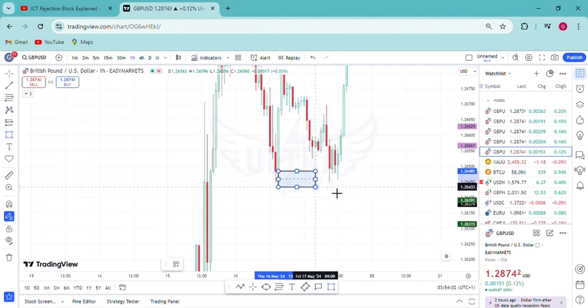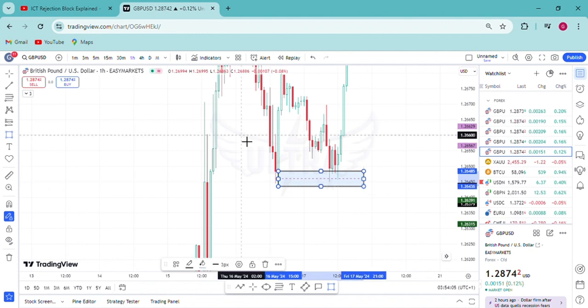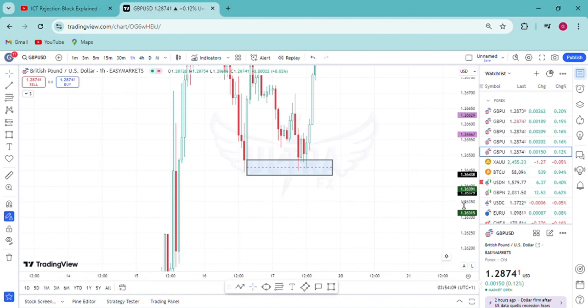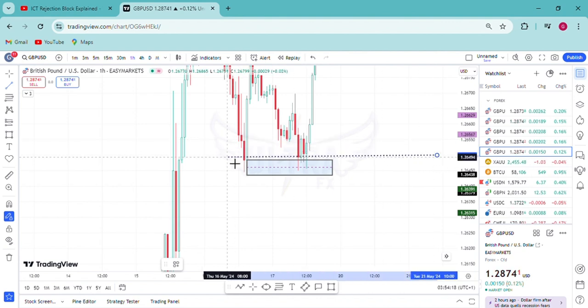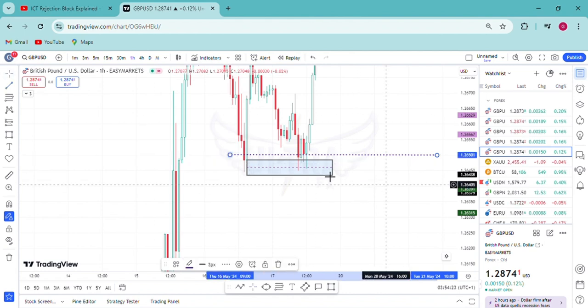A long wick, price rejecting off of that zone. Are we looking for our big numbers here? We are looking for our big numbers here. So the nearest big number is what? 26500. All right, so you can see that price rejected off of that number.